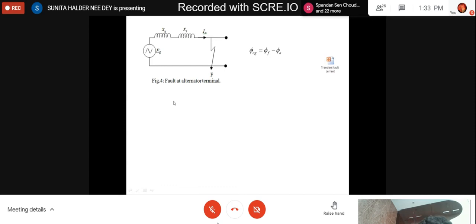Fluxes are induced in this winding when the currents are very high in the armature. So this winding will have mutual flux when there is a high current in the armature winding.